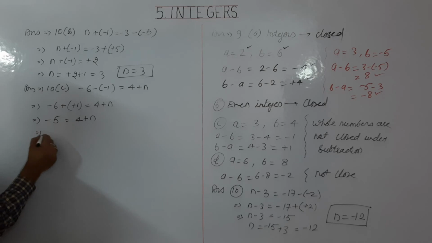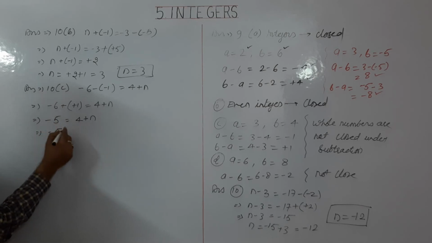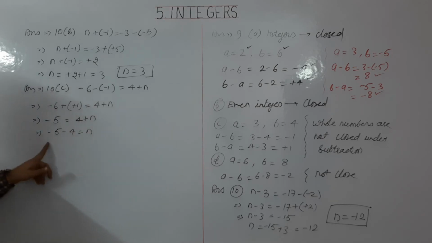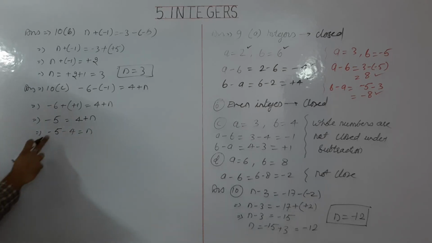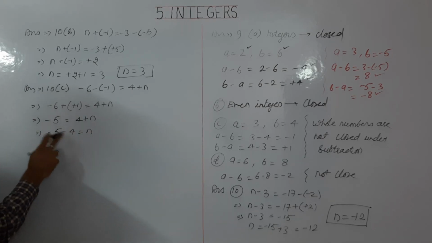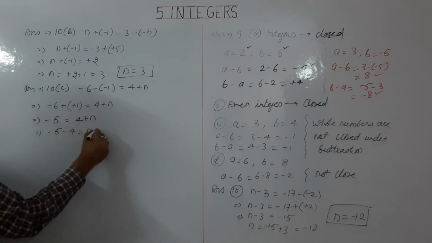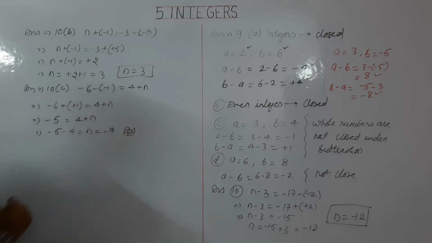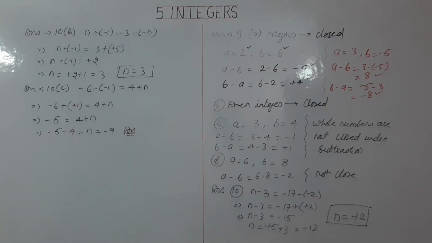And in the next step, minus 5 changes its place, equals n, minus 5 minus 4. So minus 5 minus 4, add them and put a negative sign. So the answer is minus 9. Value of n is minus 9.